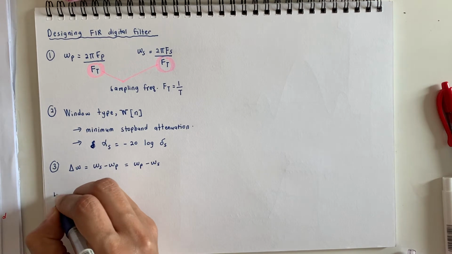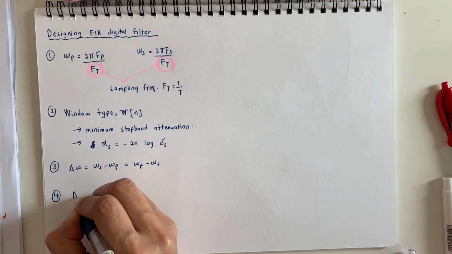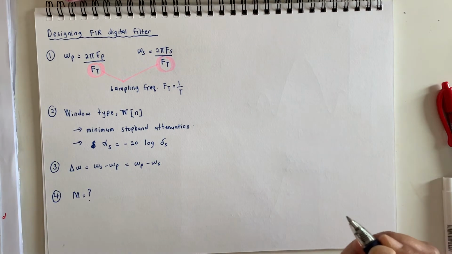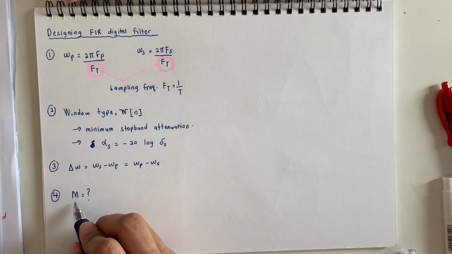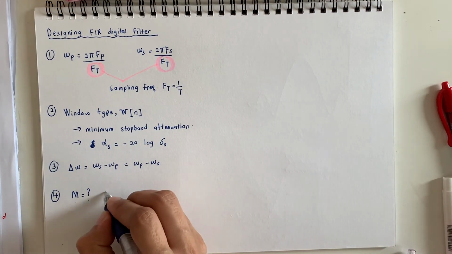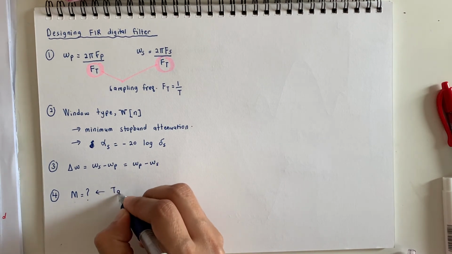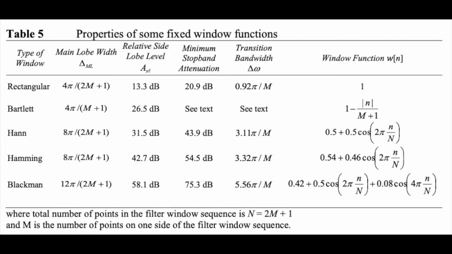Next, you have to find the capital M value. To determine capital M, you have to refer to table number 5 in the given formula sheet. In table number 5, you can see you have the window type, the minimum stop band attenuation column, the transition band column, and the function for the window itself.